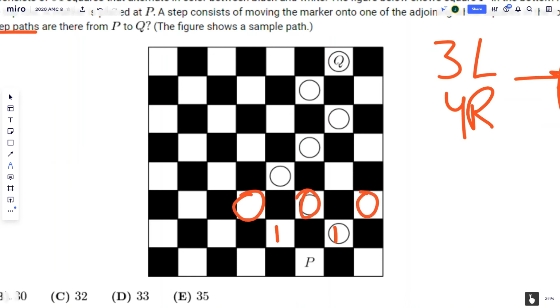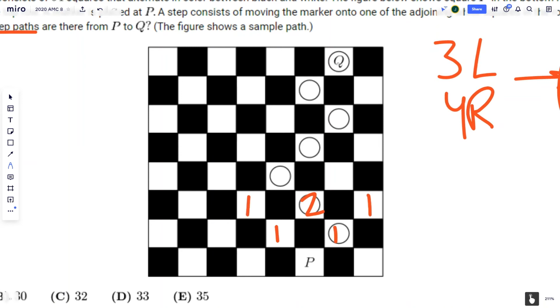The number of ways P can get to each point is the sum of the tiles below it. For this point, there's only one way to get to it, and that's by taking a right step from here. Similarly, for this point, there are 2 ways because P can go left then right, or right then left. So we have 2 ways, and for the last point on the left, we have 1 way.